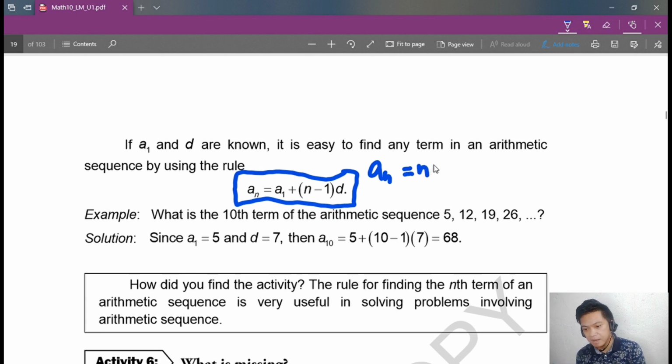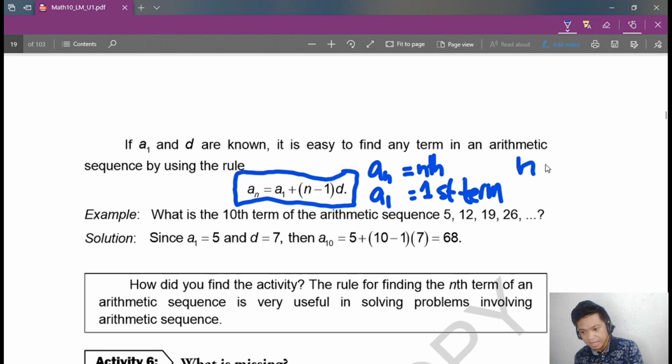A sub n refers to the nth term. A sub 1 refers to the first term.